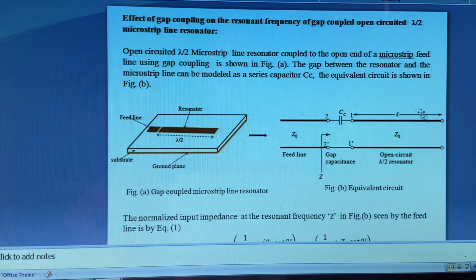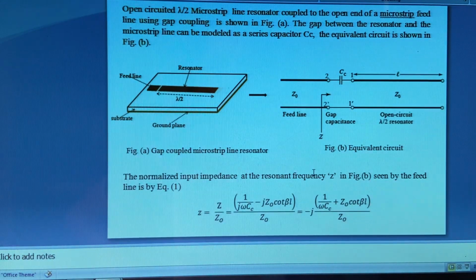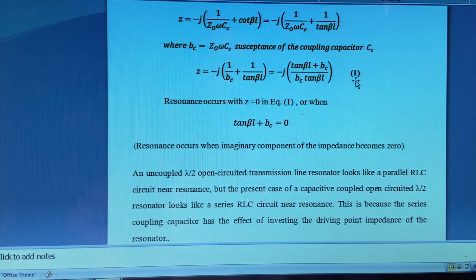The input impedance we have is equal to this in equation 1. So resonance occurs when the imaginary component of the impedance becomes 0. This imaginary part must be equal to 0 at the resonance. So this input impedance itself is imaginary here. So Z is equal to 0 in equation 1 to get the resonance.